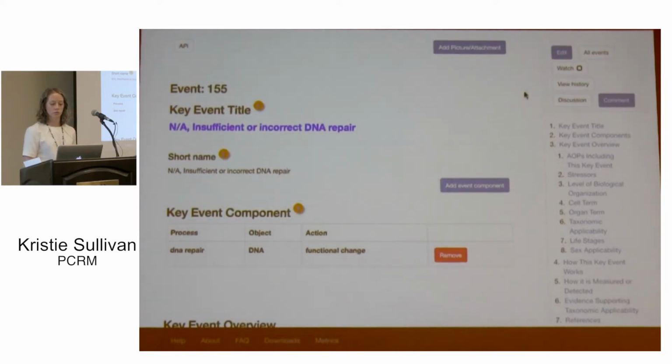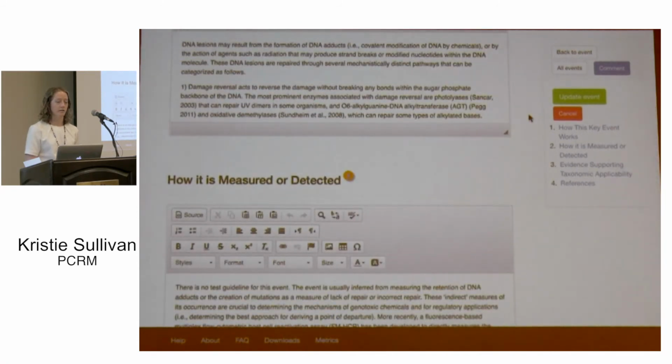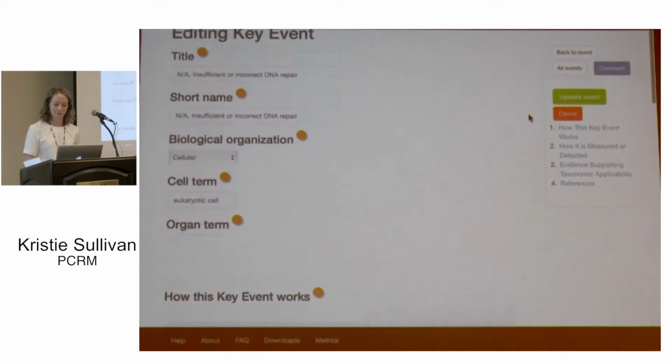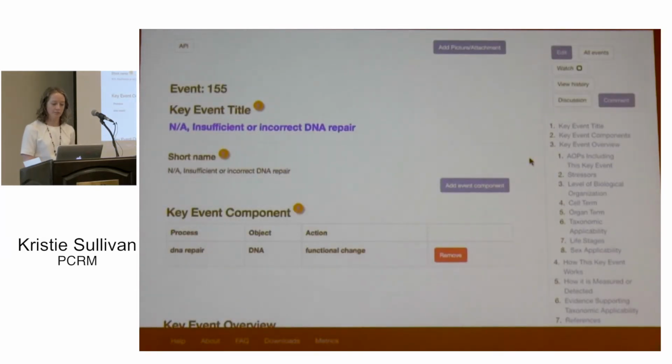For something like protein binding, which happens in a lot of different processes, there may be a key event on protein binding, but it might not quite have the information that's specific to your AOP. So what you would do is edit the key event. Don't edit someone's AOP, edit the key event. I'm actually just going to cancel that because I don't want to edit it.